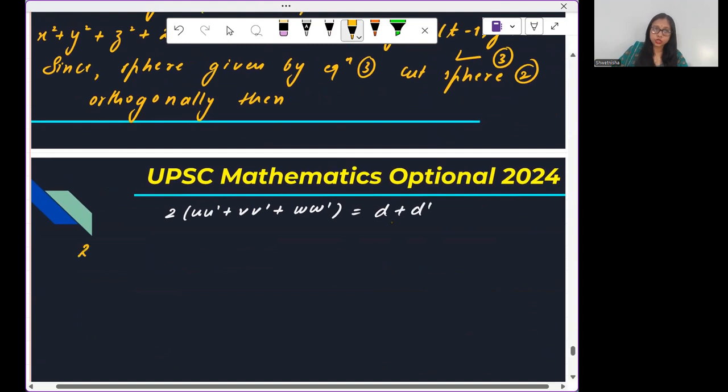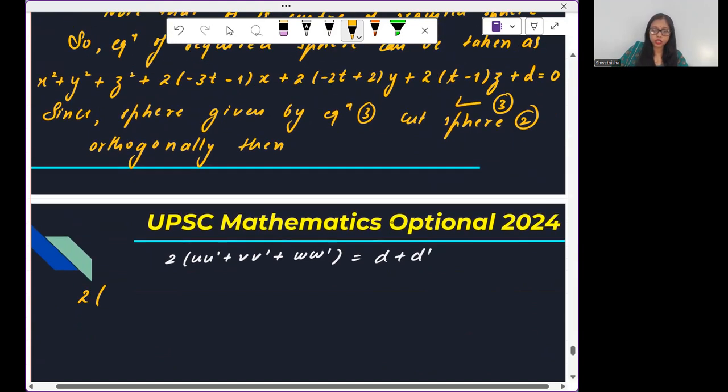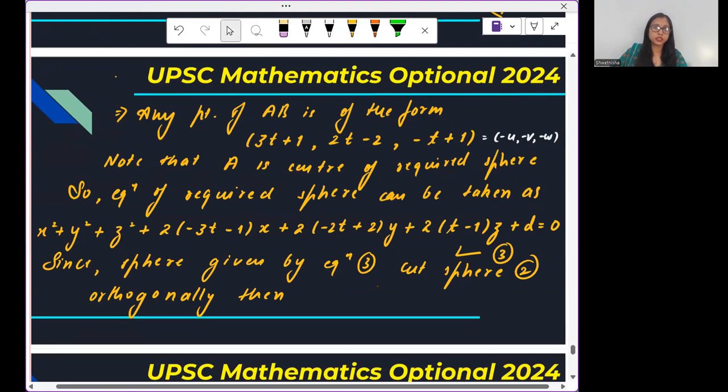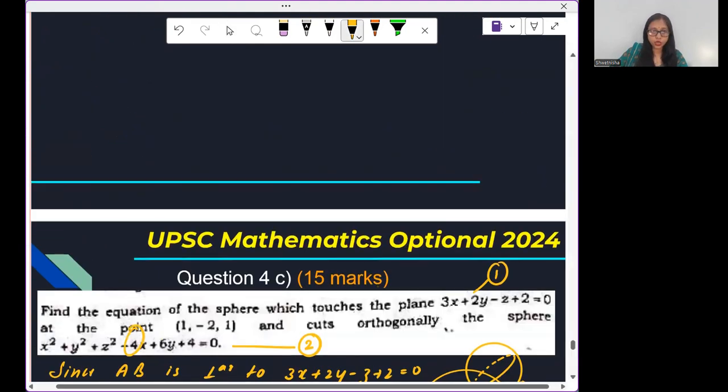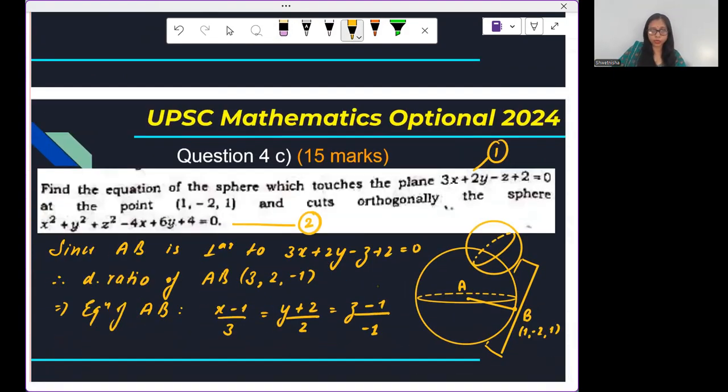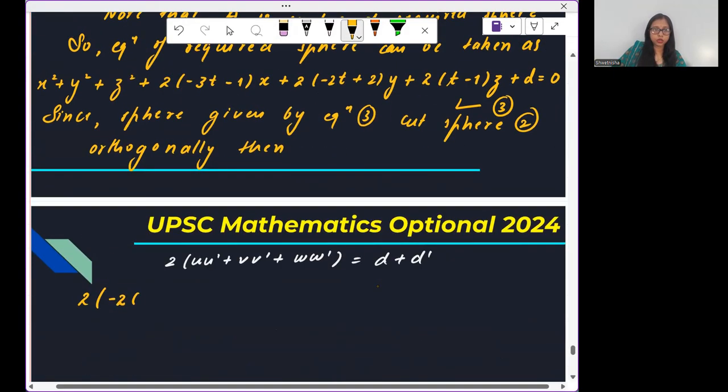So it implies 2 times, here this u dash is minus 2. Look at this here. We have minus 2, 3 and 0 as u, v, w from here, and d dash is 4. So minus 2 times minus 3t minus 1 plus 3 times minus 2t plus 2 plus 0 is equal to d plus 4.